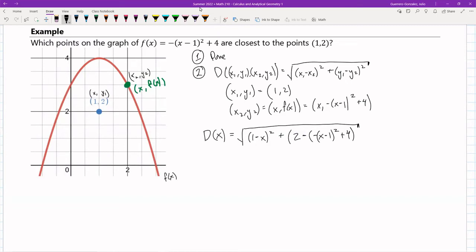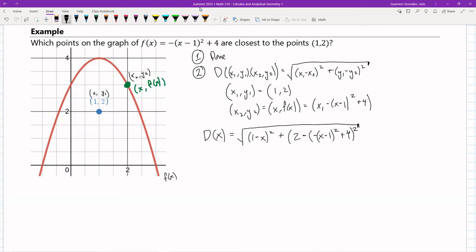So now I have a distance equation between our blue point and any other point that is on the graph. And I forgot a square up here. Now that we have this, we can figure out a game plan.